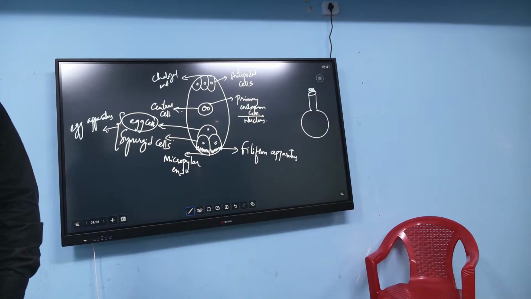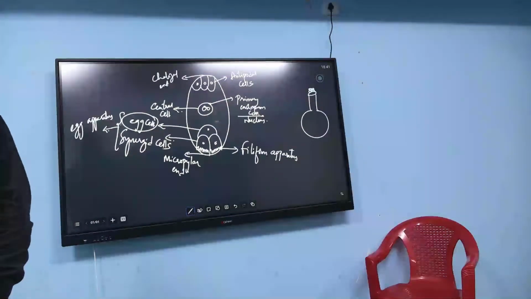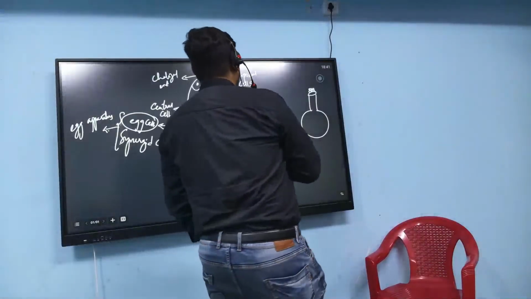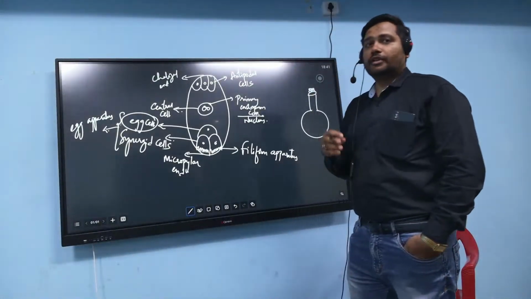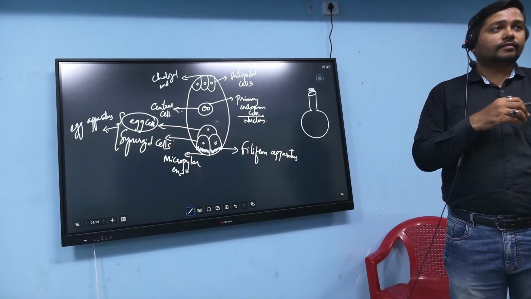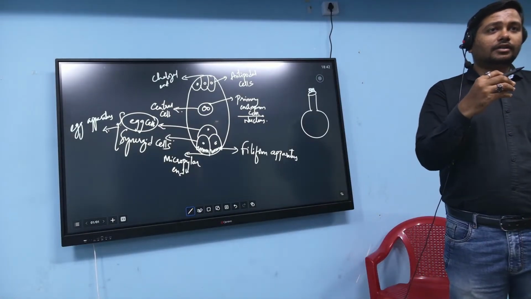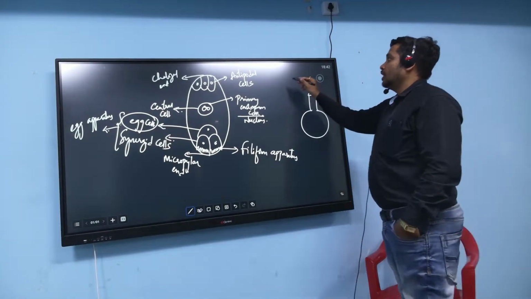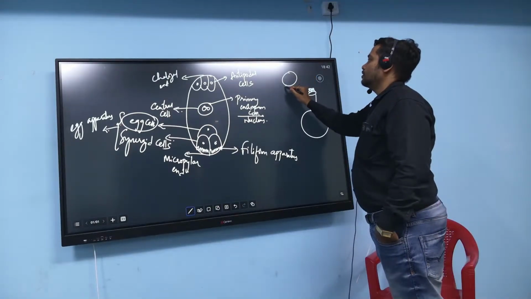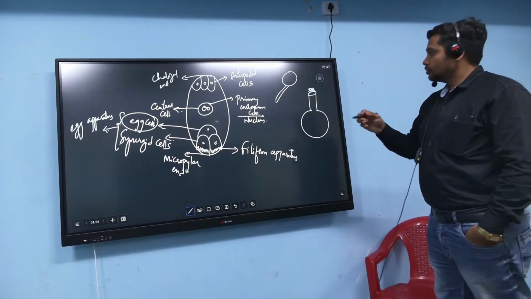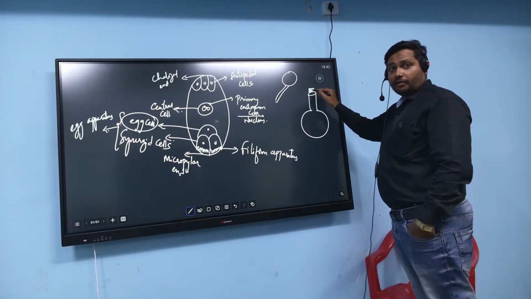The pollen grain will come and sit on the stigma. It will not enter. When we studied the structure of the pollen grain, I told you, when the pollen germinates, a tube comes out. This is called the pollen tube. So the pollen will be sitting here only.